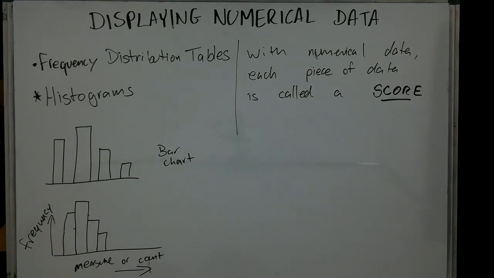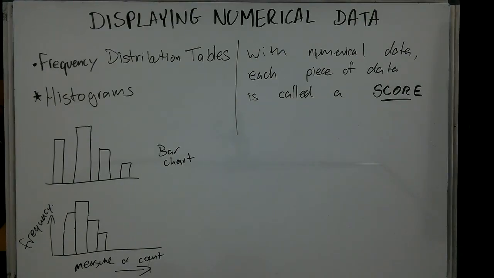So it's probably worth talking about what these sections are. Essentially what we do is we group our data together into little slices, and we count how many scores there are in each little slice of the thing that we're counting or measuring.